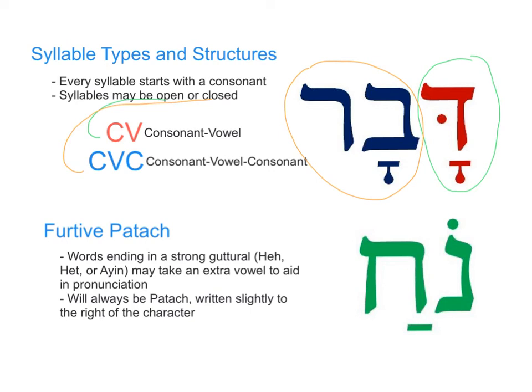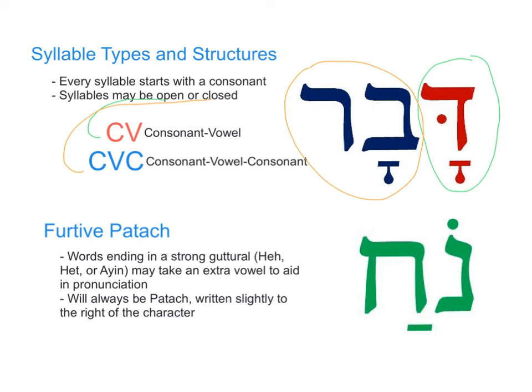But the final topic to at least touch on before we call it a day has to do with something we heard about in our chapter dealing with vowels, but dealing with one particular place a vowel could show up. A furtive patach was the term we're talking about here. Now, Ross introduced us to this idea where if we have a strong guttural, most often it could be a hey, a het, an ayin, in a few places possibly with an aleph, but we know gutturals kind of lump together in that category, so that's fine.